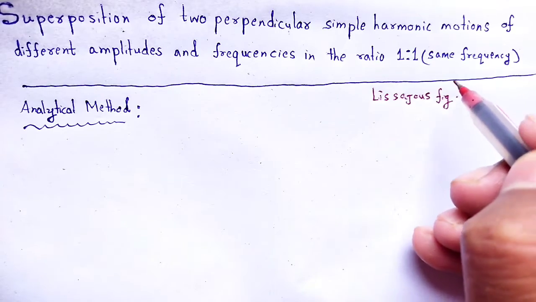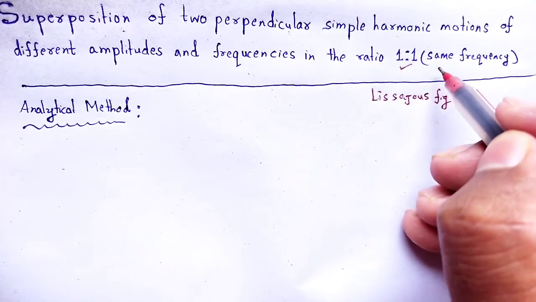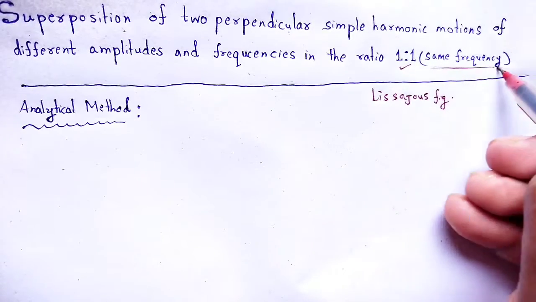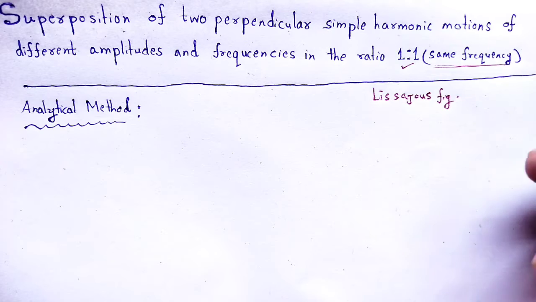We define the Lissajous figure 1:1 as the frequencies are the same, and again Lissajous figure 2:1 or 1:2 as the frequencies are different.